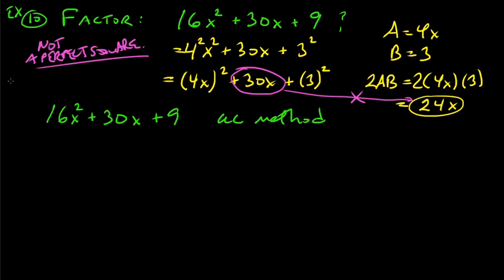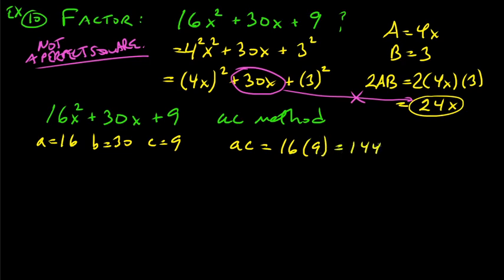Right? So a, my little a here, is 16, little b is 30, and little c is 9. So a times c, 16 times 9, I think is 144. And so we need two numbers whose product is 144, right? So this is the product here.